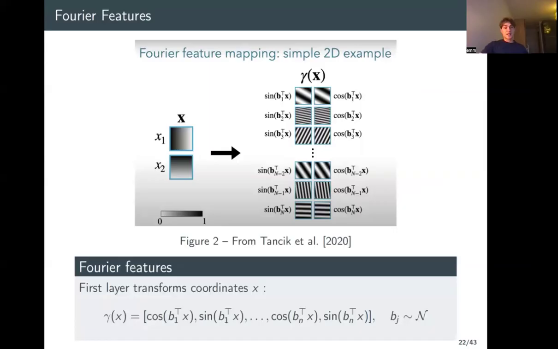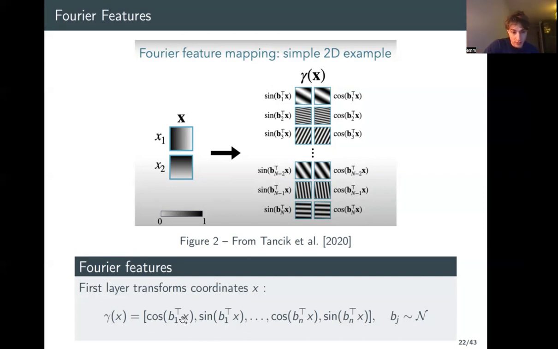Okay, so next, there's another one that's quite used in practice. It's called Fourier features. So instead of giving the coordinates as input to the neural network, we're first going to transform them into features, and these features are essentially sine-like features. It's very simple.